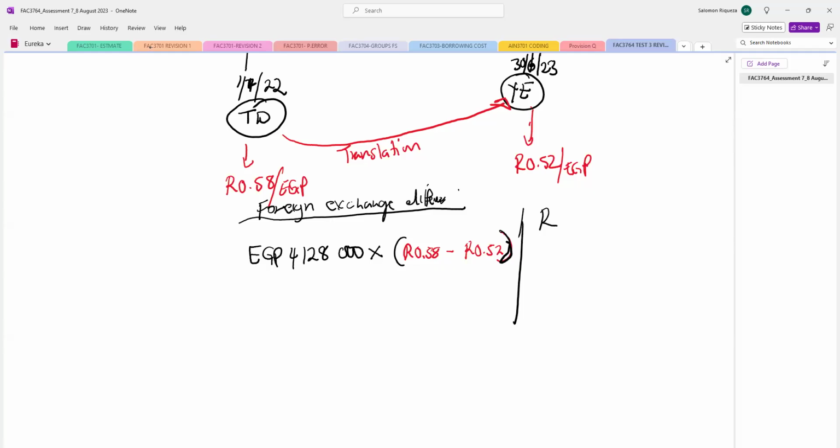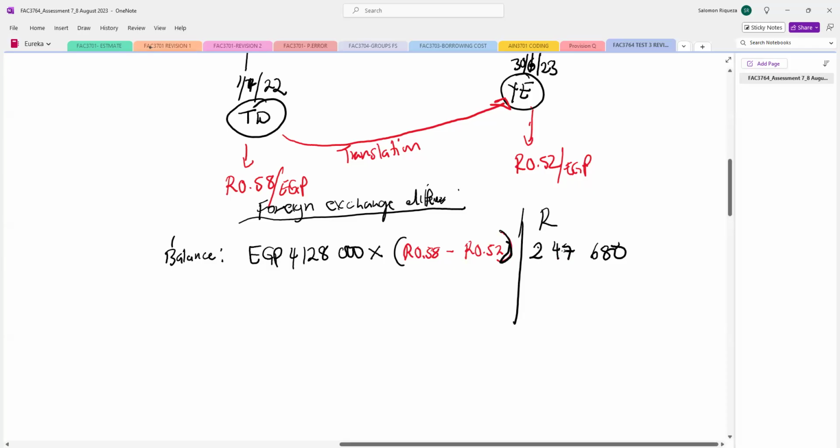Okay, so this has now moved to, no, not 2 million, 247,680. Please confirm the figure. Right, so this was my balance. Correct. This is my initial balance.